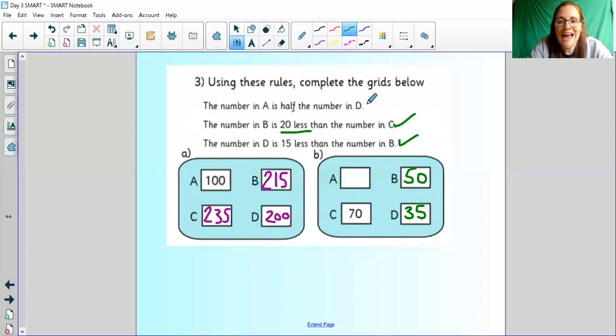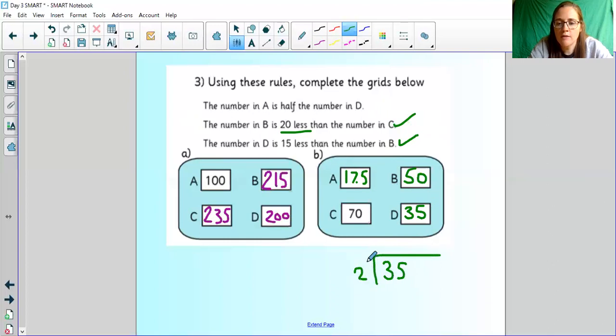The number in A is half the number in D. So I need to find half of 35, which is 17.5. Now, I know that, but if you weren't sure how to halve a number, remember that halving is the same as dividing by 2.